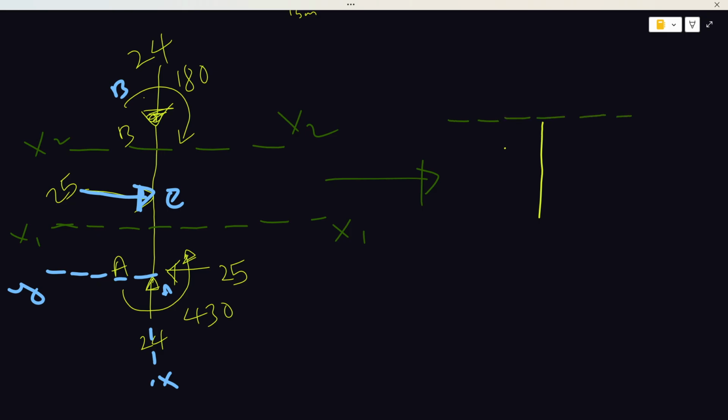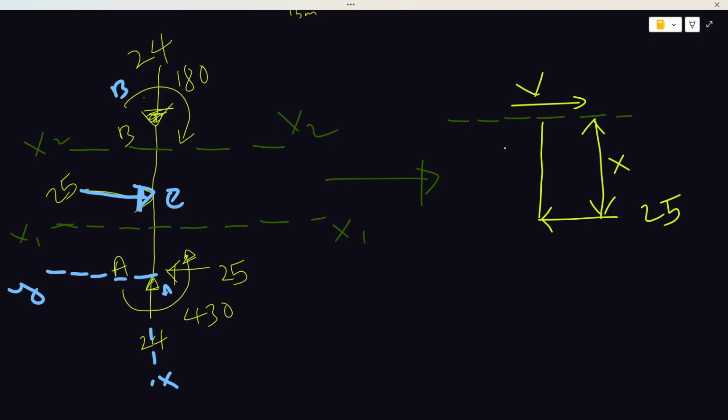Since it's shear force I'm dealing with, I will just be considering the vertical force for now. So if I section from here to here, it would be X. And of course, the direction for shear force when you section would be in this manner. So this is 25.